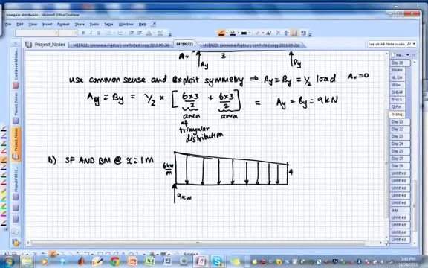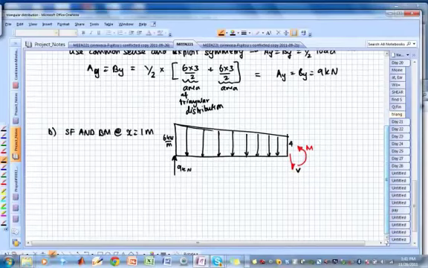Now you can see why we need the centroid for trapezoidal figures. Whenever you have triangular loads, you have to worry about it. There's a shear force. There is the positive bending moment. Okay, so shear force and bending moment.